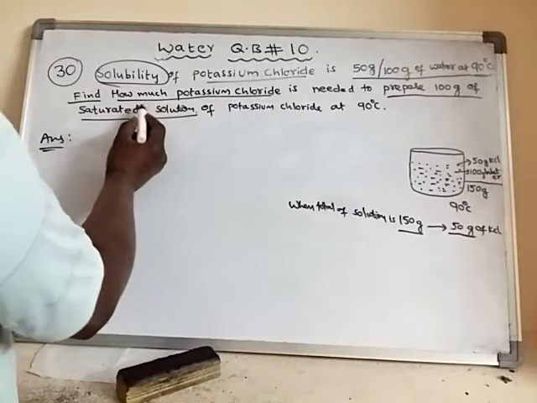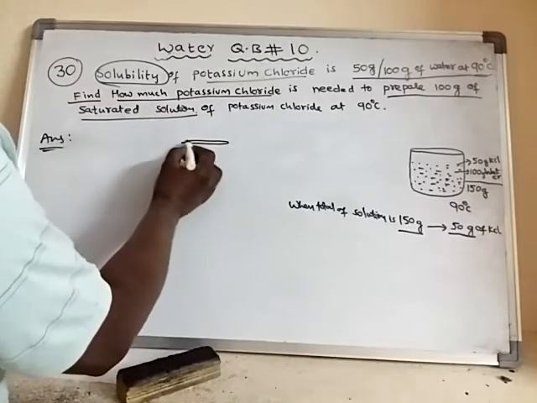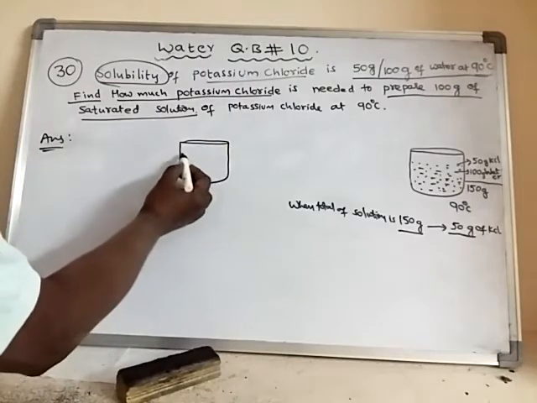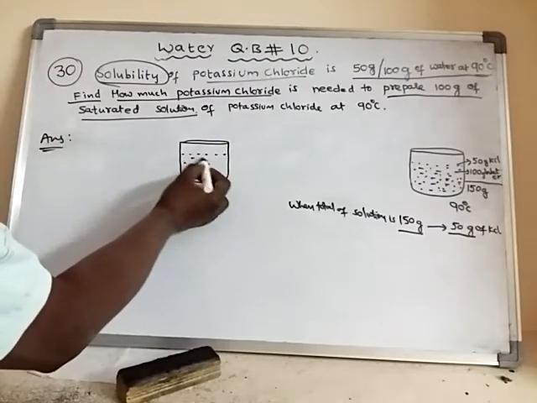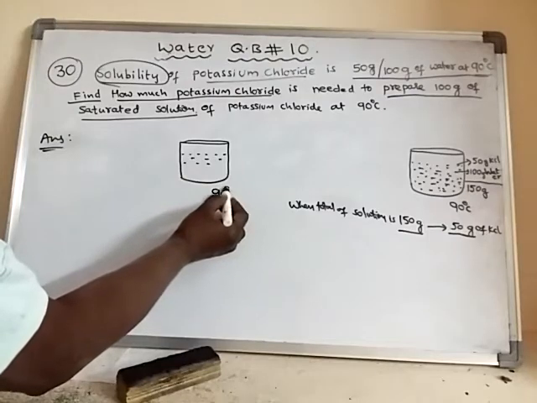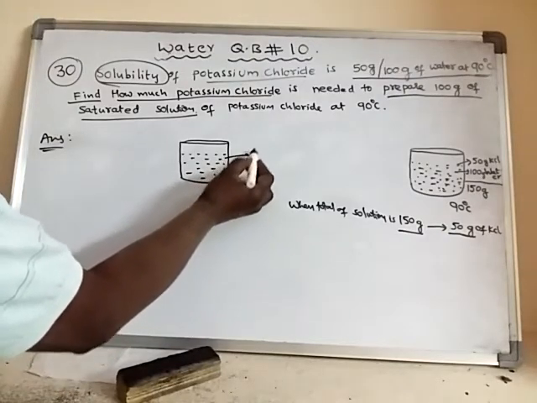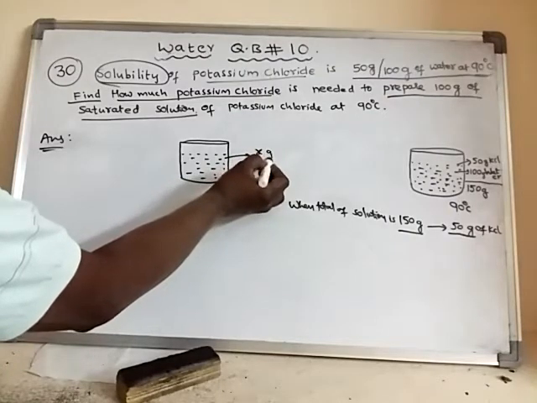Now in the question, another solution is prepared at the same 90 degrees centigrade, but here we are adding some X grams of KCl.